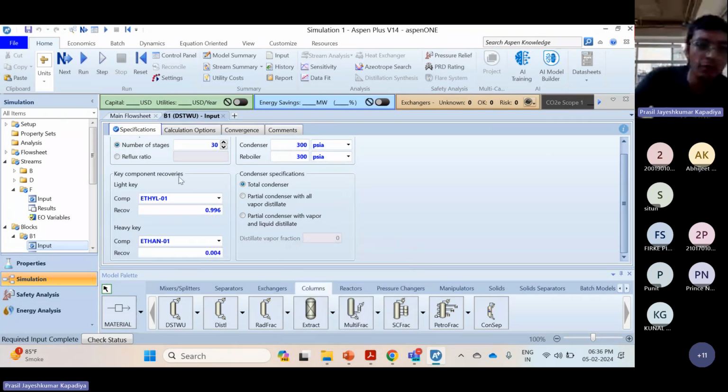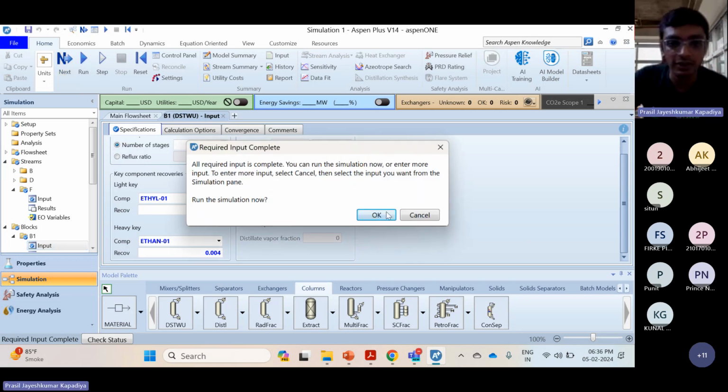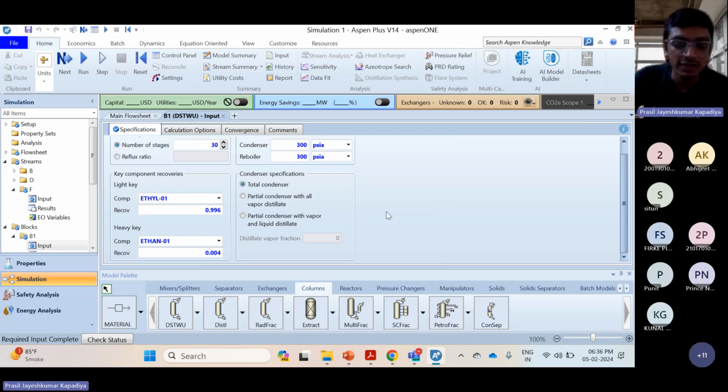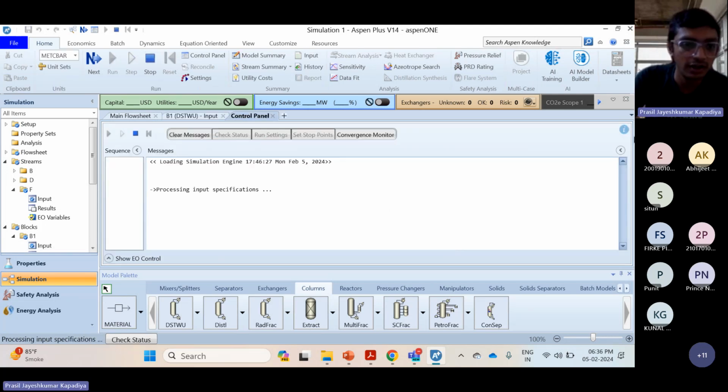This key component recovery is from top. So if you choose light key as 0.996 with ethylene, automatically x1 plus x2 is equal to 1, so the rest will be ethane. Now, okay, we are set. So let's run our simulation.